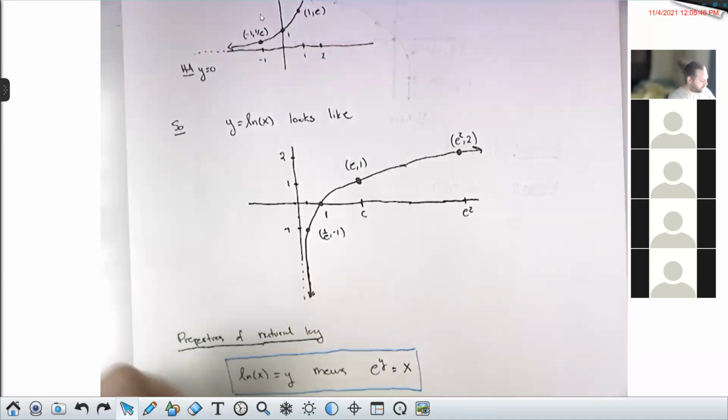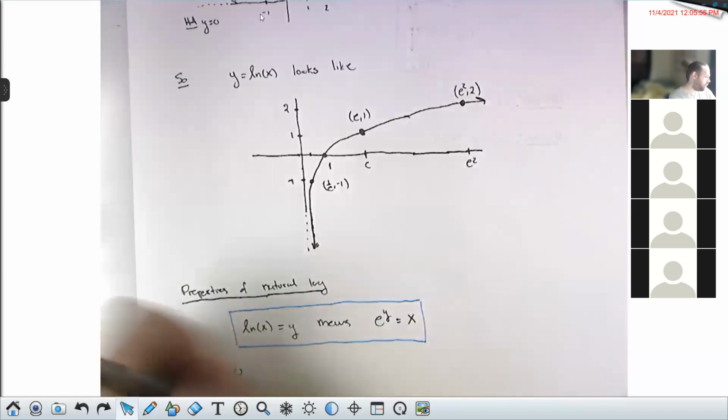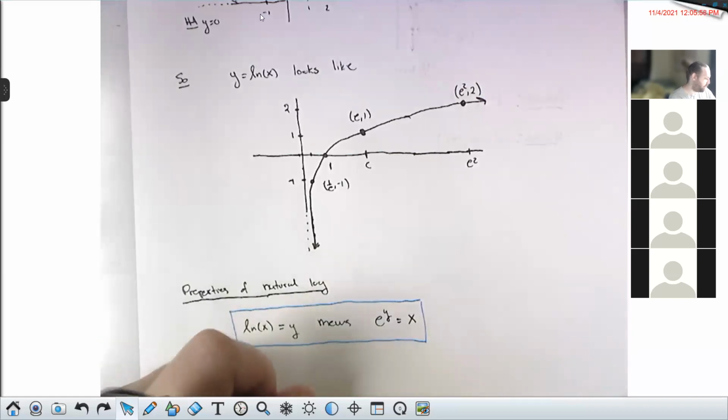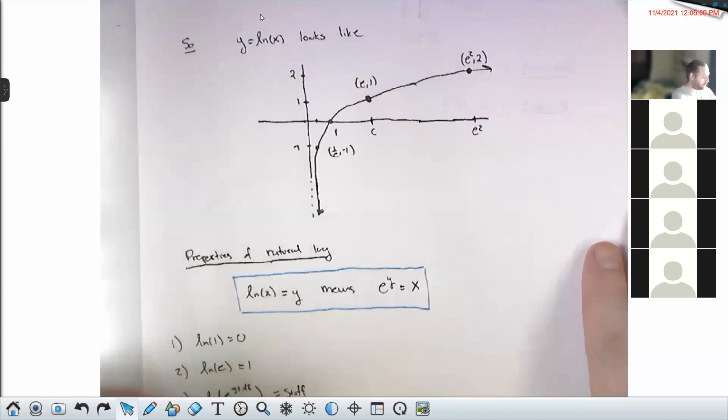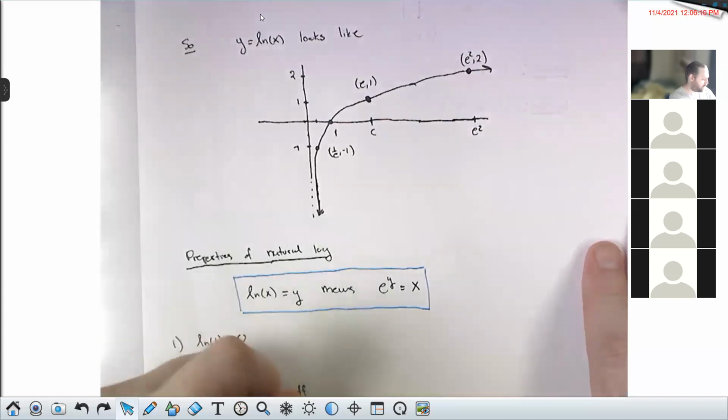The ln of e is 1. The ln of e to some stuff will always just be that stuff. And e raised to the ln of some stuff is also just that stuff.